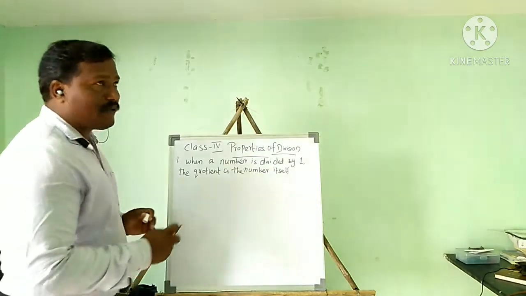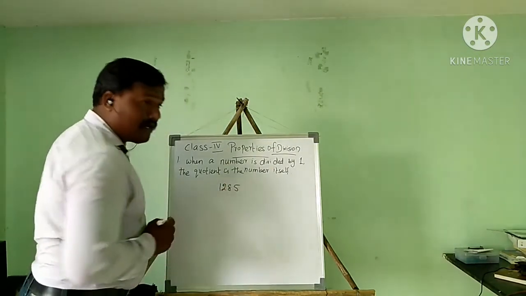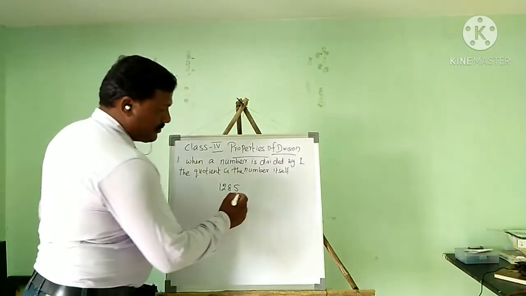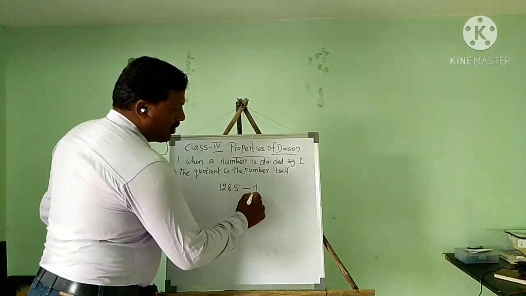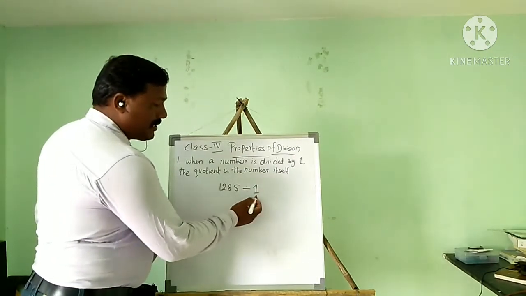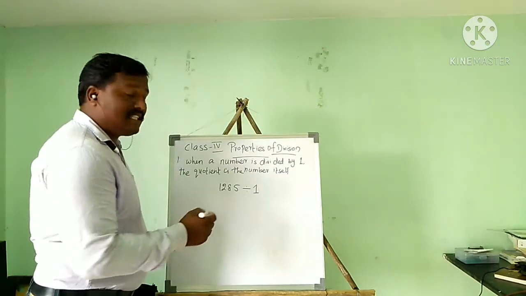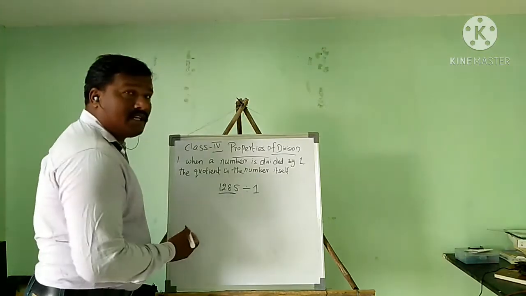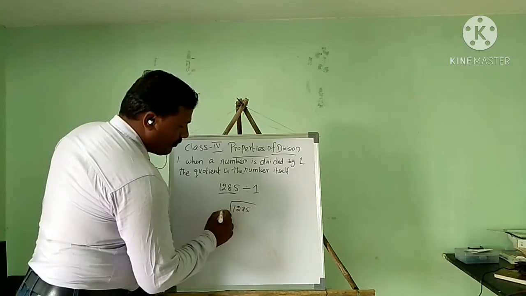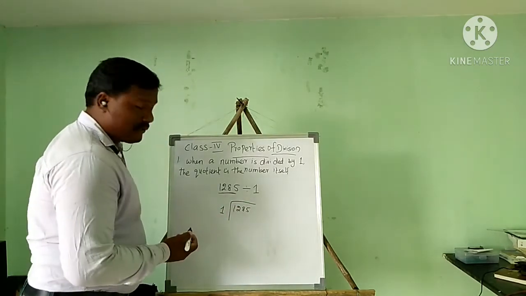Example: I will take one number, 1285, and divide it by 1. If I divide the number by 1, I will get the quotient as the same number. How? See, 1285 divided by 1.